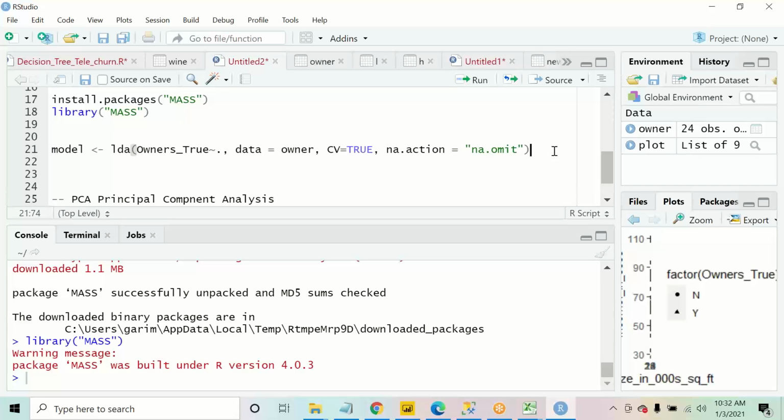And then when it picks up the second row, it will again use the rest of the 29 rows for predicting whether the output will be yes or no, right? Whether a person is an owner or not an owner. That is called cross validation. CV means cross validation. Same data set, the cross validation happens on the data set, whether the output is yes or no.